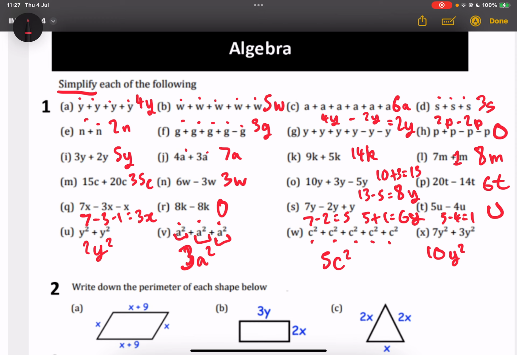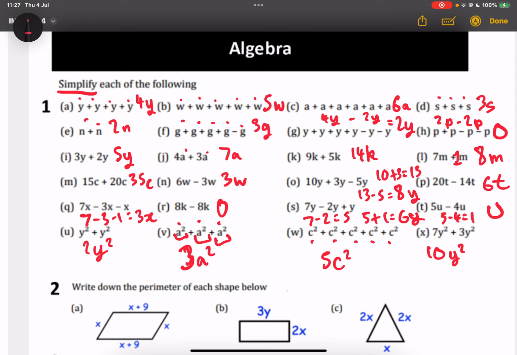And then we have I, which is b over 2, which is 10 over 2, which is 5. E over 5 is 15 over 5, which is 3. D over 4 is 8 over 4, which is 2. And a over 2 is 7 over 2, which is 3.5. So I is 5, J is 3, K is 2, and L is 3.5.